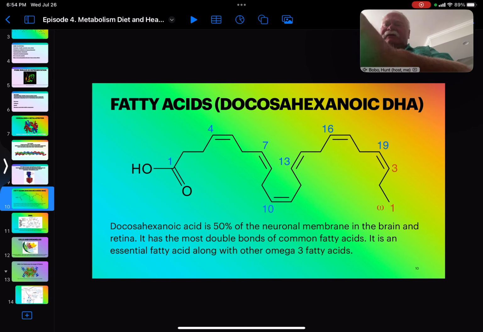There's 1, 2, 3. The key thing about this is these are anti-inflammatory fatty acids. They're not metabolized into the prostaglandins that cause your joints to swell and ache and cause things to clot up, like some of your leukotrienes might. And your omega-6 fatty acids, which we'll go to next, actually are the precursors for this inflammatory response.